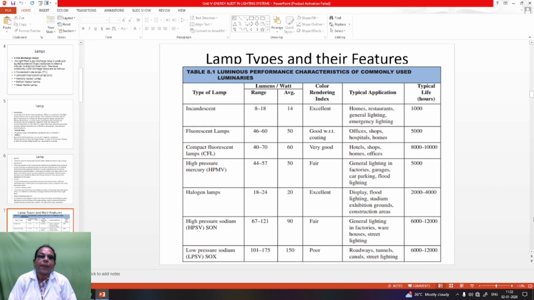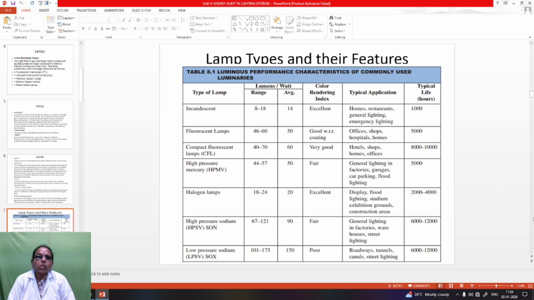Then high pressure mercury, that is HPMV. Here the range is 44 to 57 watts, with an average of 50 watts. The color rendering index is fair and it is applied in general lighting in factories, garages, car parking, flood lighting. Its lifetime is 5000 hours.